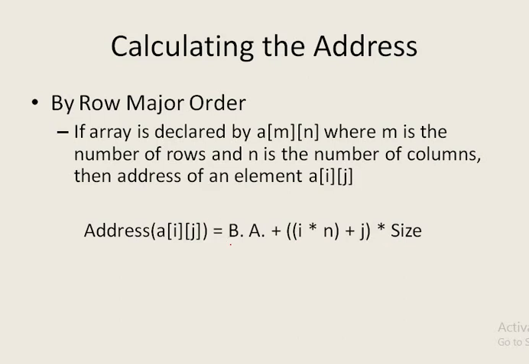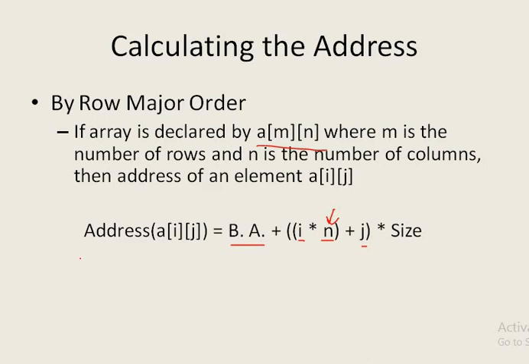Here BA represents the base address, i represents the row index, j represents the column index, and n represents the number of columns. So if we take a matrix A[m][n], m is the number of rows and n is the number of columns. And in the formula, you use the number of columns for finding the address.